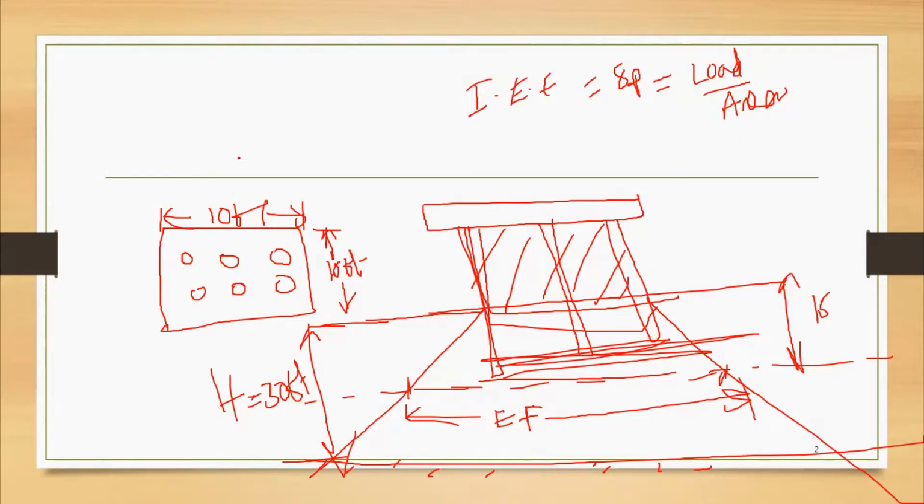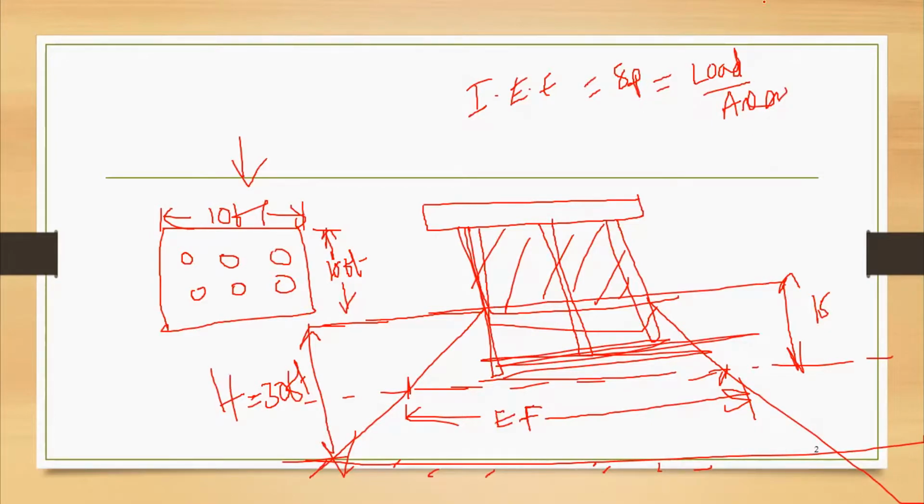Delta P equals load by area, which is nothing but in terms of stress, effective stress. This is called increase in effective stress. Delta P equals load divided by area.